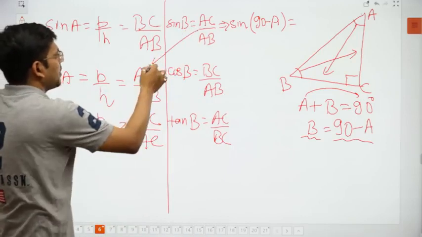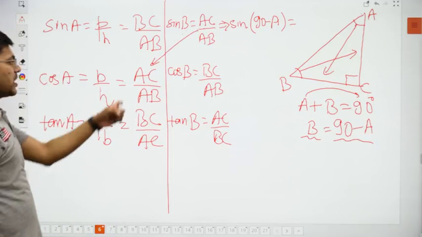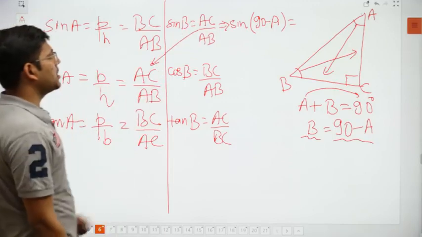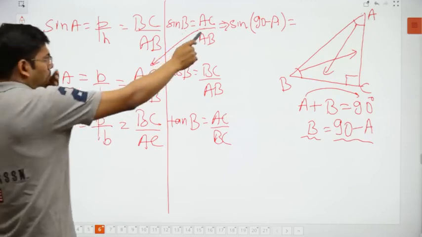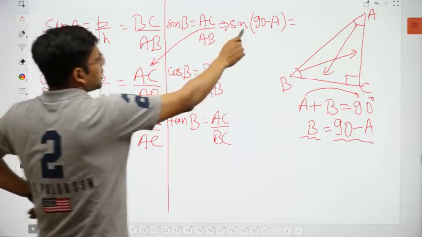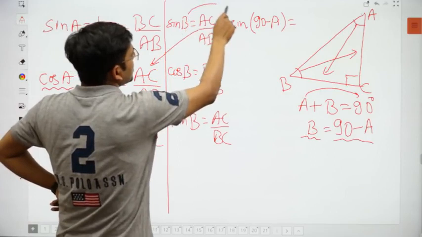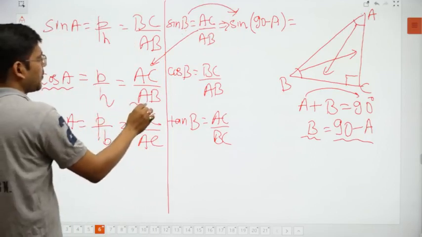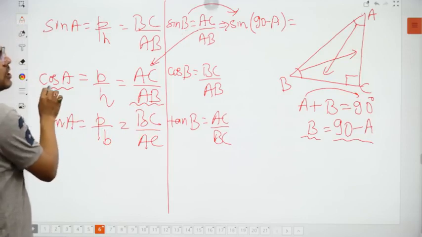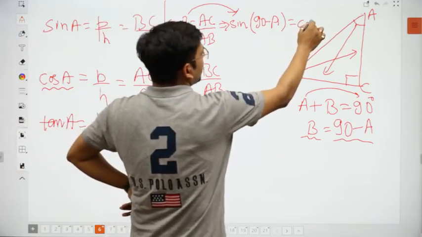Can you see the same AC upon AB here also? This AC upon AB is equal to cos A, and also AC upon AB is equal to sin B, and sin B is sin 90 minus A. Means in place of AC upon AB, I can write cos A.